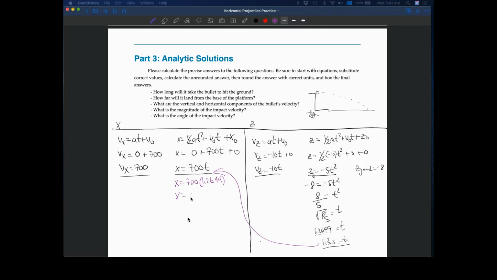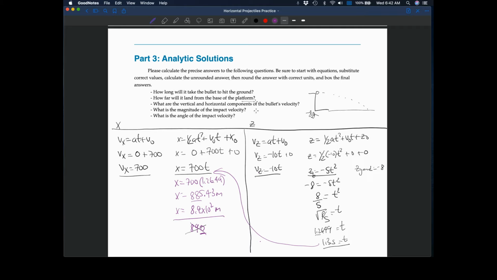And so that gives us 885.43 meters. In this case, we really should only be reporting two significant digits. So it's about 890, which would be 8.9 times 10 to the second meters. That's how far it goes horizontally. And again, we wouldn't report 890 because we would be suggesting there are three significant digits, which there aren't. So the way we solve that is to write it in scientific notation.